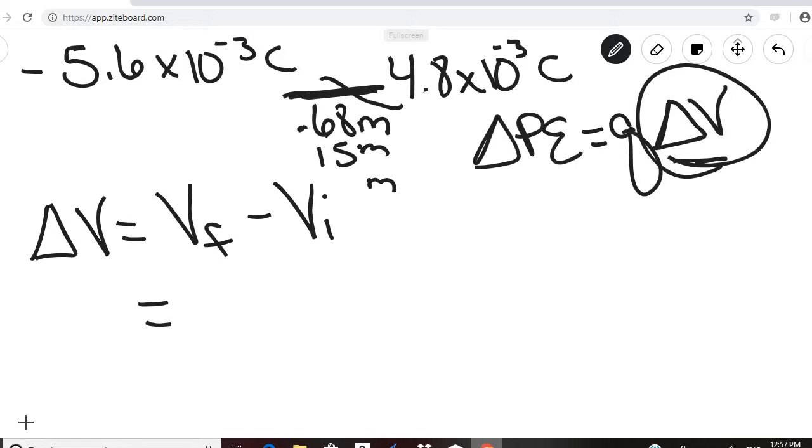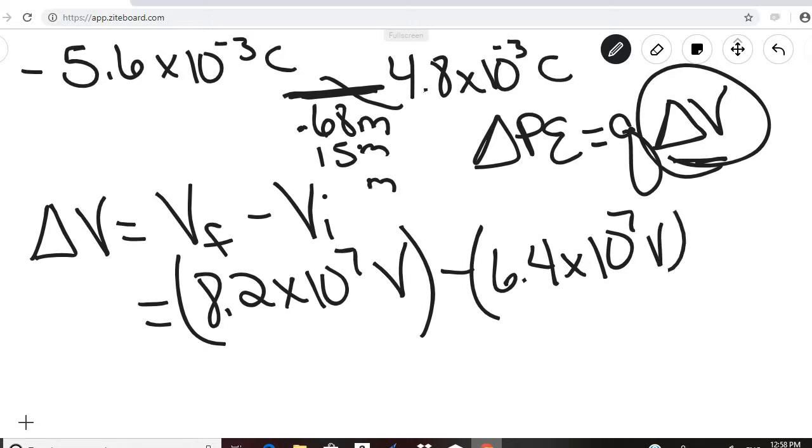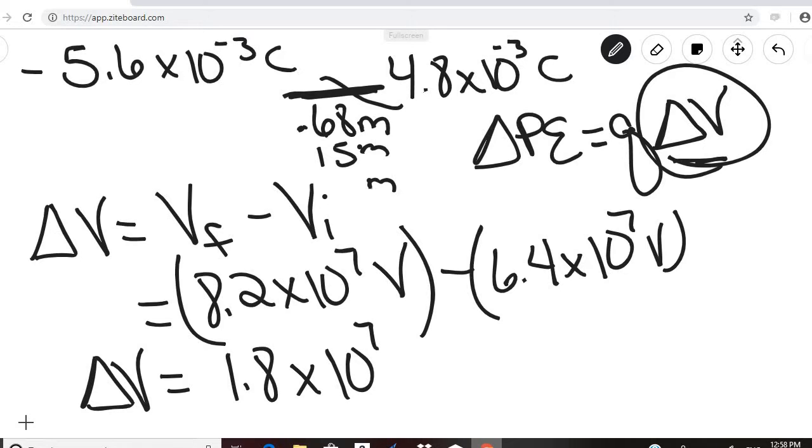VF was 8.2 times 10 to the 7 volts, minus VI, which was 6.4 times 10 to the 7 volts. So delta V is equal to 1.8 times 10 to the 7 volts. Okay, so that's delta V.